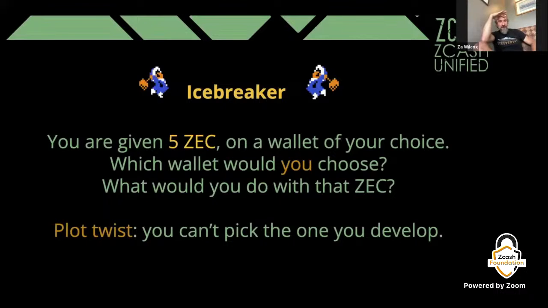But then pretty soon I'd probably want it back in the form of Zec. And I would send it to developers or community members to pay them to make our cryptocurrency better, to make Zec better. That's what I spend all my Zec on. So if I get 5 more, going to the same place.